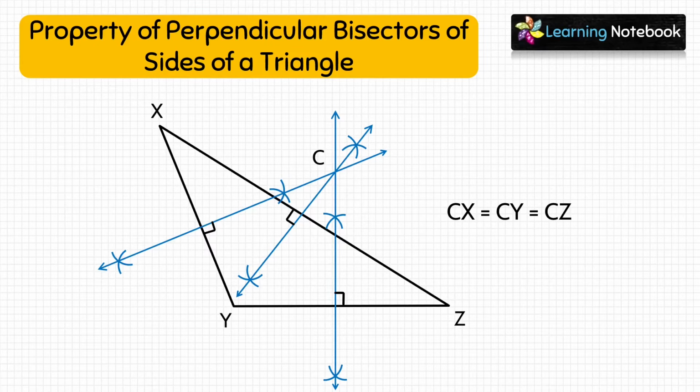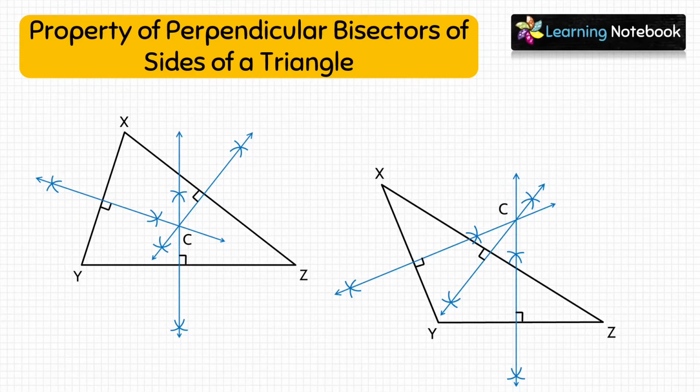You will notice that CX equals CY equals CZ. Now, here observe that in case of an obtuse triangle, we are getting the point of concurrence outside the triangle.